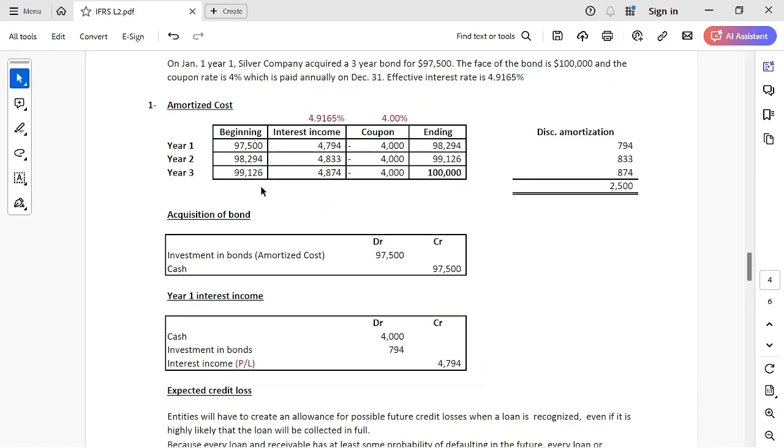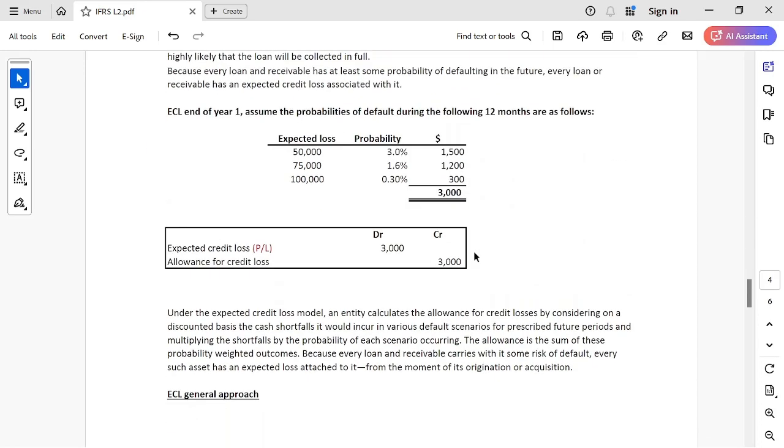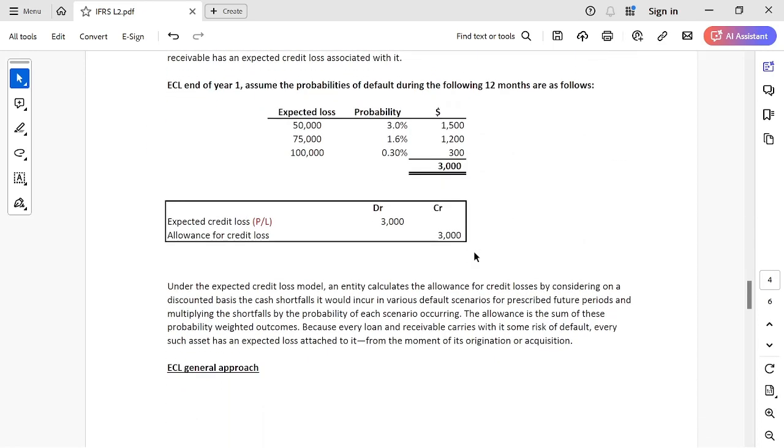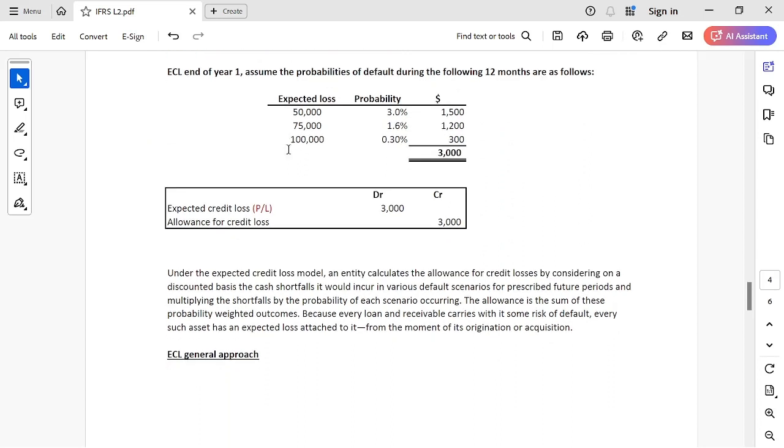How is this calculated? Let's say we have a few scenarios that we are going to be looking at to make it easy. It can be more complicated in reality, with more and more scenarios. Here there is an expected loss of 50,000, i.e. half of the loan, which was 100,000, is not going to be paid back.